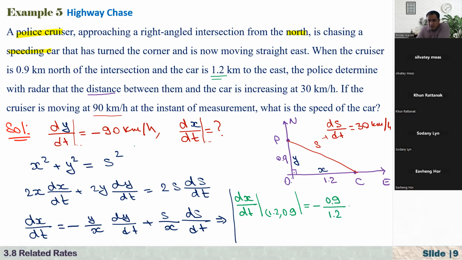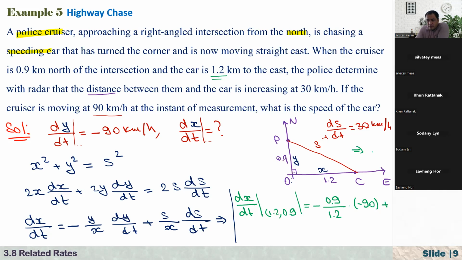dy/dt is given here. That is minus 90. Minus 90, and plus s. When x equals 1.2 and y equals 0.9, we can find s.